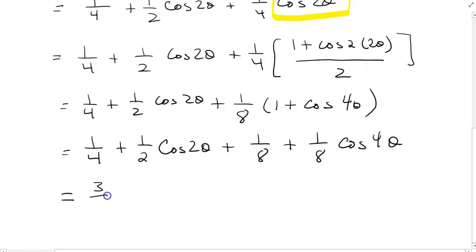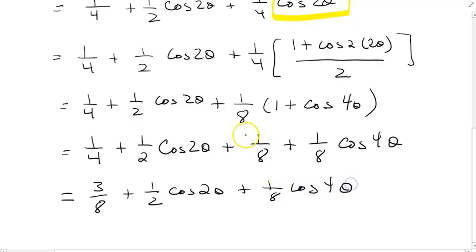Anyway, it's going to give me 3/8. So I was only able to bring these two together to get 3/8, and I'm done.